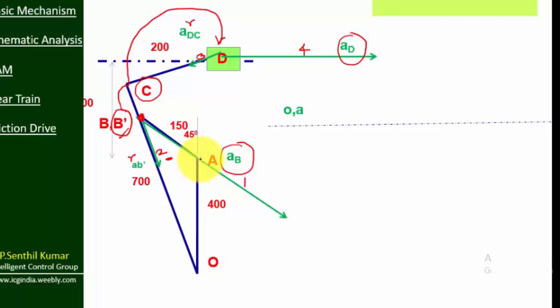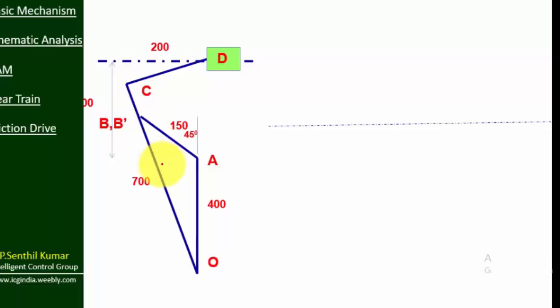First, with the help of A, O point and B point, we will find B dash. With the help of B dash, we find C, because the point C lies on B dash O. Once you find C, you can directly find D using this relation. So let us see how to draw the acceleration diagram one by one. Now I am going to draw the acceleration components.